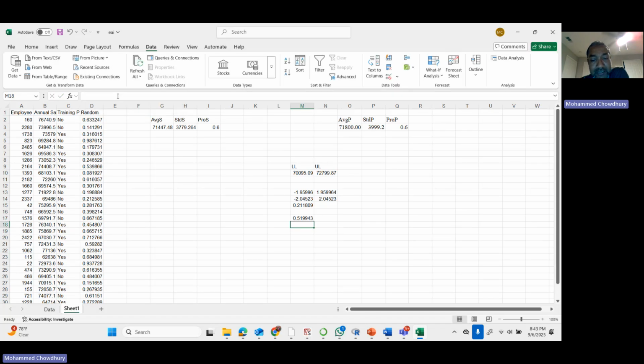This is the answer. Similarly, for the between one, subtract one from the other and you will get the result. So this is the way sampling distribution problems can be solved.